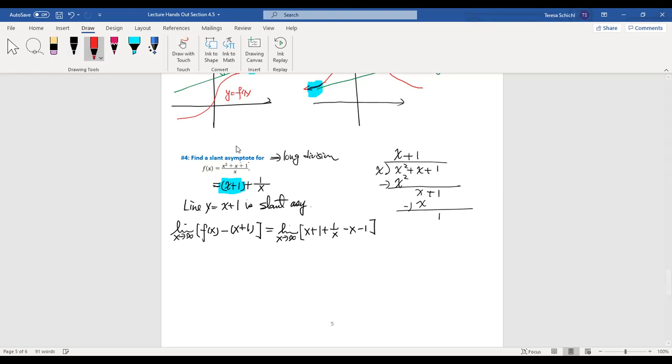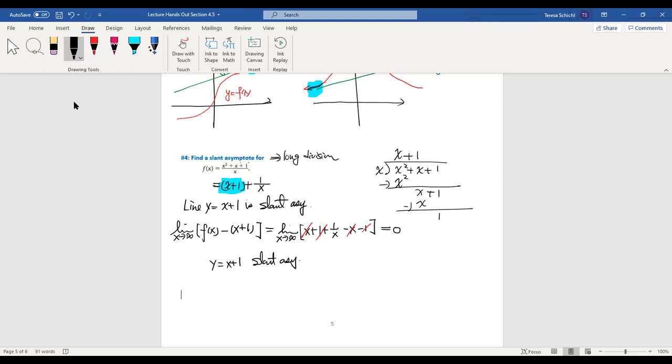See here? Then the x terms cancel, and when you let x approach infinity, what remains will be 0. That is why I know y equals x plus 1 is a slant asymptote.